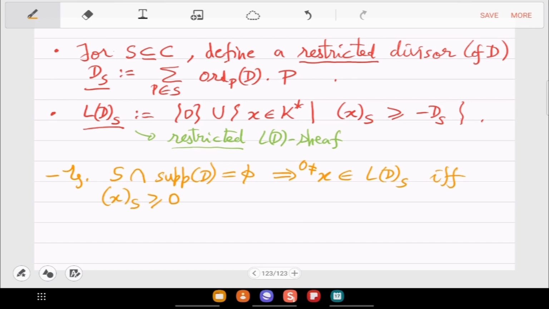So let's write that. For all the points in S, you want the valuation of x at those points to be greater than or equal to 0. So either these, I mean basically then x has to be in the DVR. That's what it's saying.